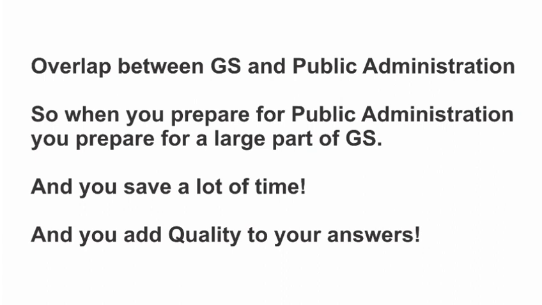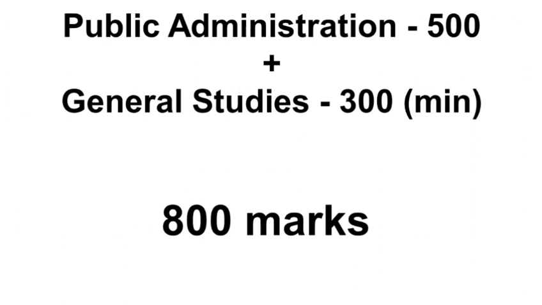Which means that when you're studying for public administration, you are not studying for 500 marks. You're actually preparing for 800 marks. If you take up general studies and public administration together, the total is 1500 marks. So you're actually preparing for 800 marks out of 1500, which is more than 50%.